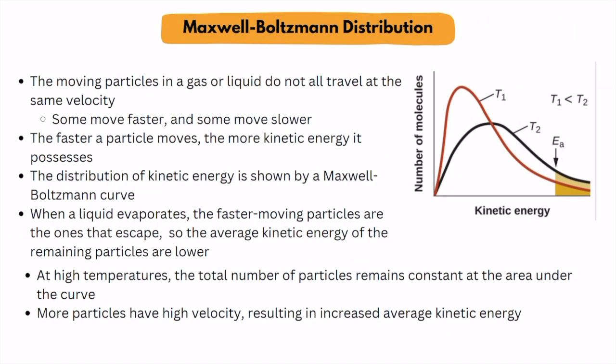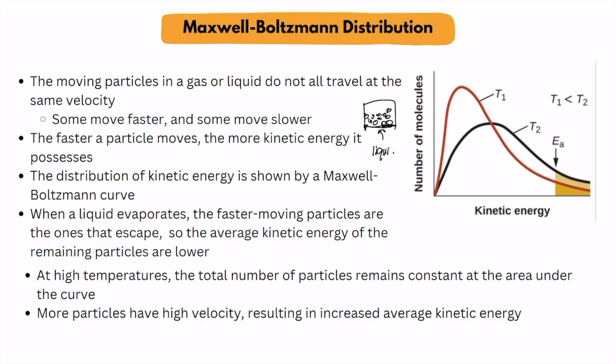Next, we can talk about the Maxwell-Boltzmann distribution. The moving particles in a gas or liquid do not travel at the same velocity. So we have particles here. Not all of them are going to move at the same rate or in the same direction. Let's just say this is a liquid.